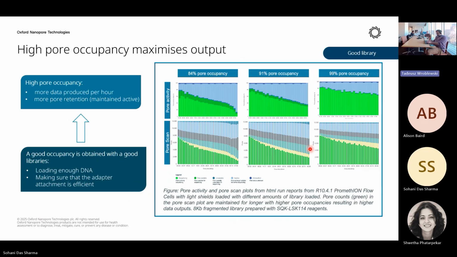So for our samples, we don't have that much adapter contamination. During the library prep, if for some reason the stoichiometric ratio between the adapter and the DNA molecules to which we are adding it is messed up, then you might see a lot of adapter contamination, which is the yellow colored part.